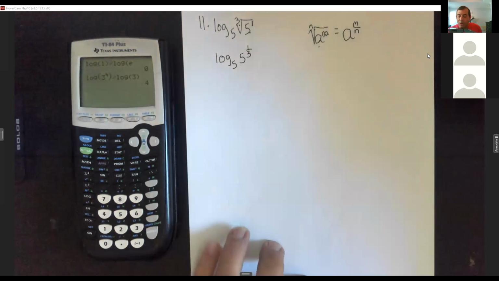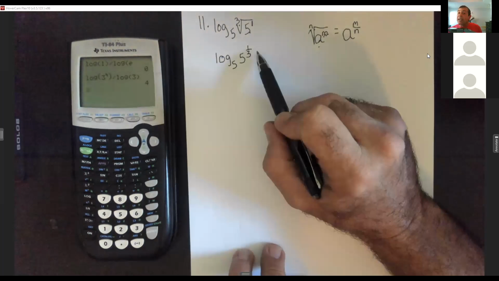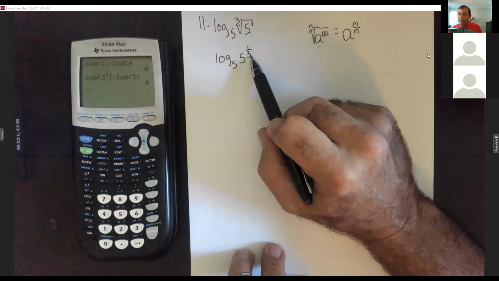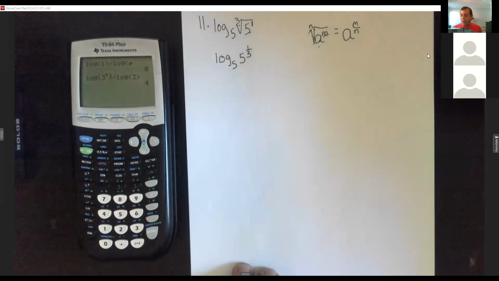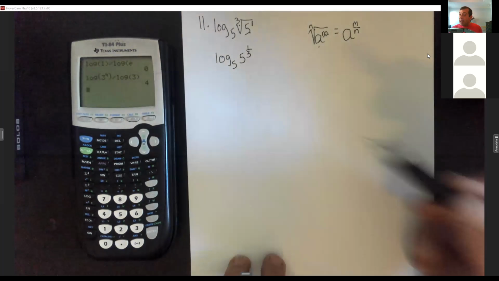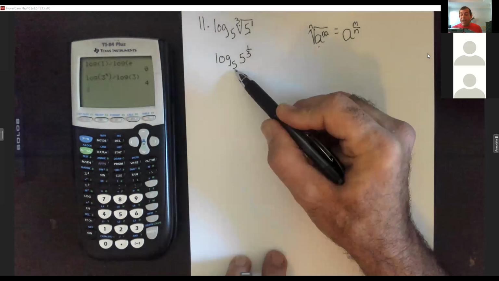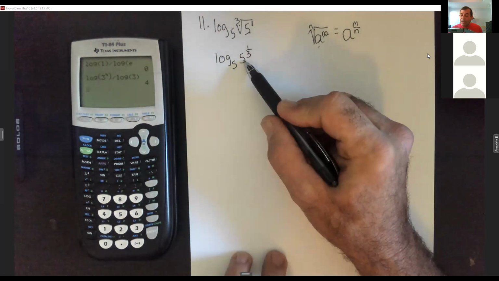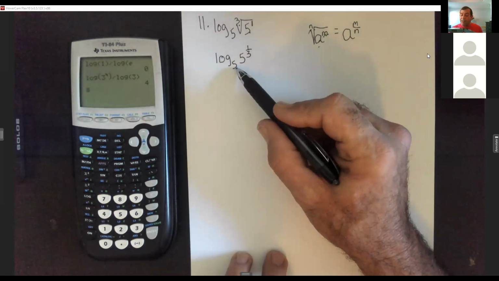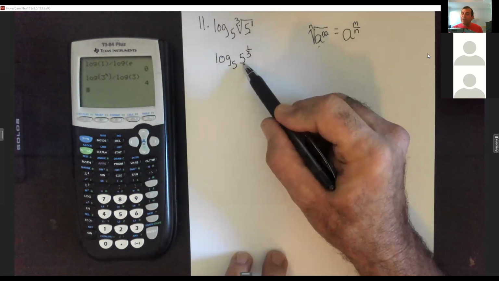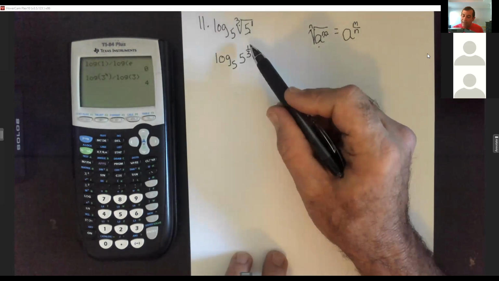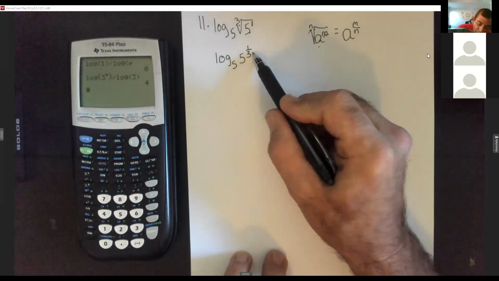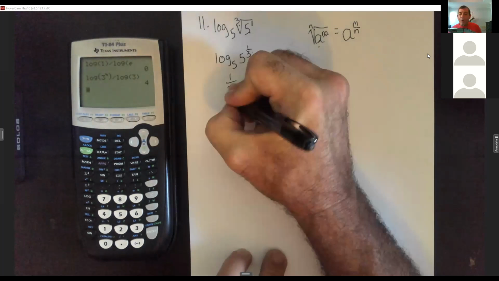So that radical was rewritten as an exponent of a 1/3. But y'all look what I got now. I got a base that matches the base of my result. And anytime that base matched the base of that result, the answer was always the exponent of 1/3.